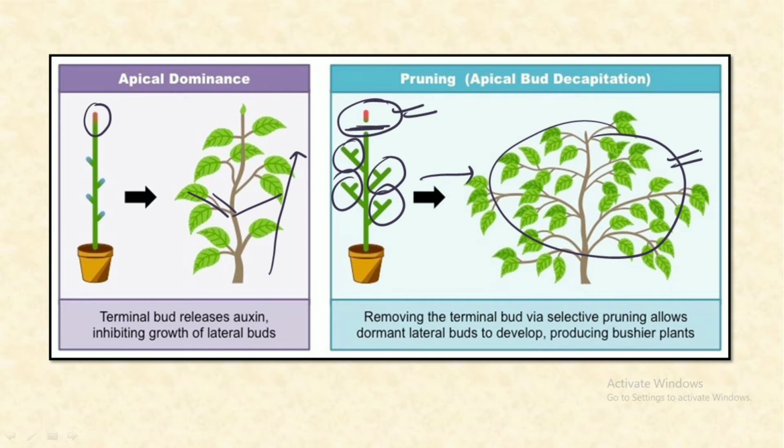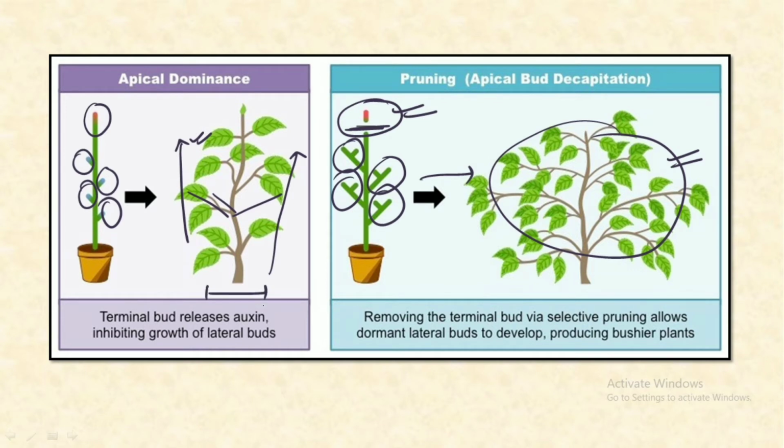So we can say that apical dominance simply means that the tip of the plant is dominating over the lateral buds, not allowing them to grow, and hence there occurs only an increase in the length and not the width of the plant.